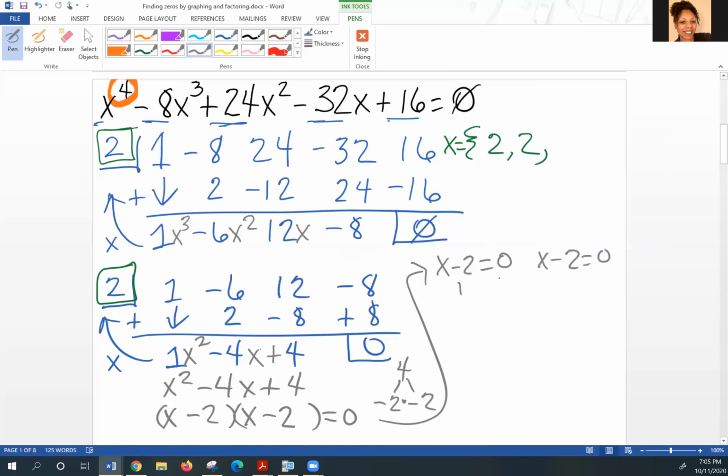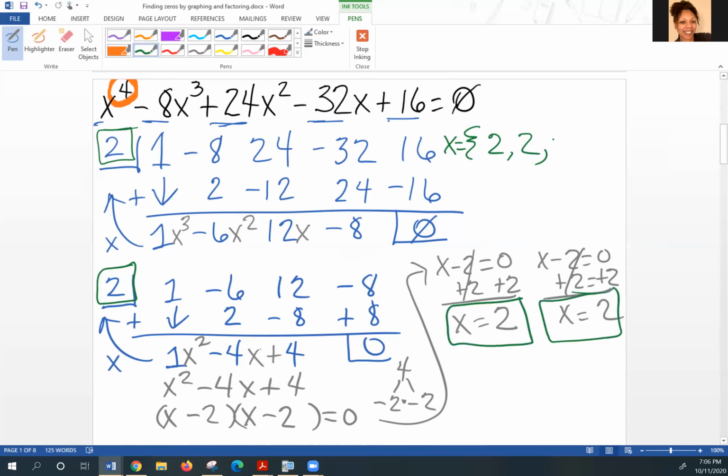So what I do to one side, I do to the other, and that's the inverse. So x is going to be +2, and the same thing here, still +2. So x is +2. What I have discovered is I have all 4 answers.